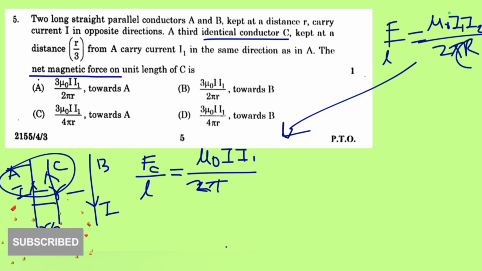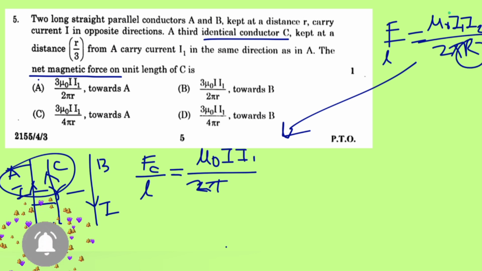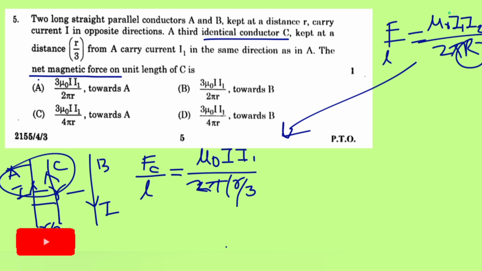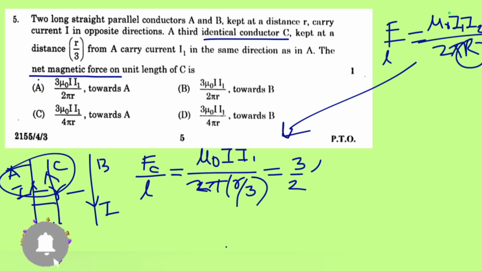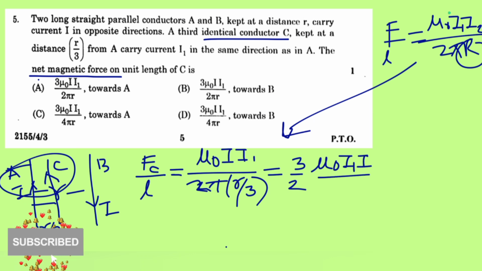In place of the distance, I will write r by 3. So it will become 3 mu naught I1 I upon 2 pi.